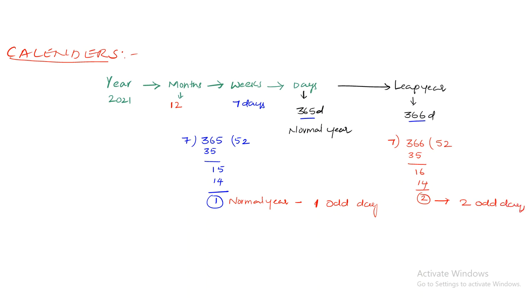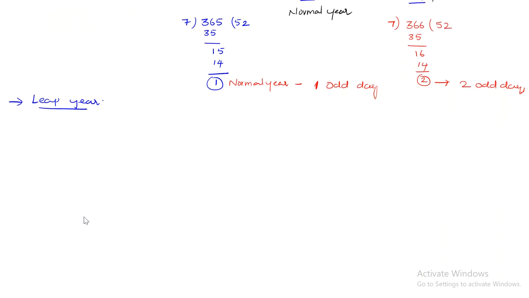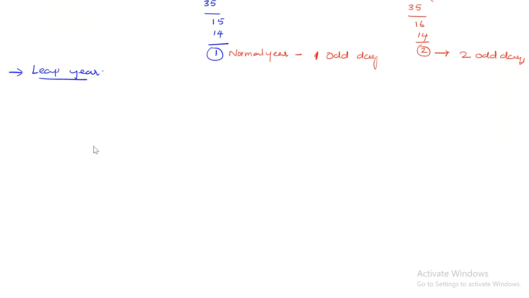Let's discuss one more interesting point about the leap year. Why is it called a leap year? Generally, the Earth rotates around the Sun. Suppose Earth is here, and here we have the Sun. The Earth rotates around the Sun's orbit like this.